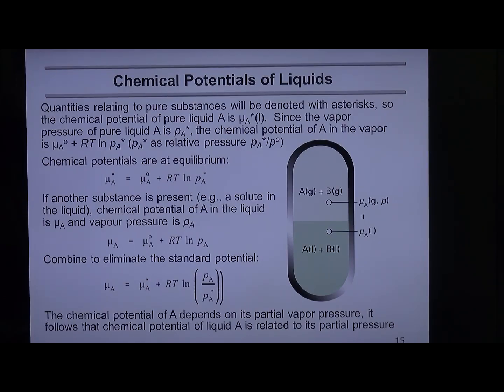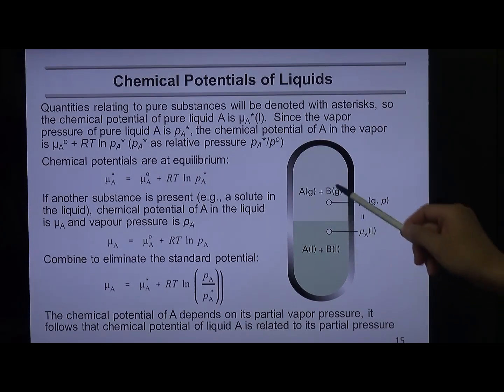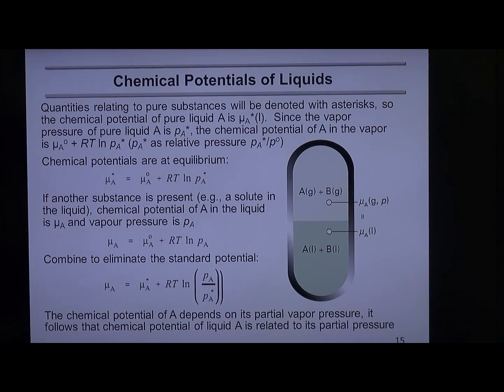To deal with that, we only need to use one statement that we have learned in chapter 4. If liquid and gas are at equilibrium, their chemical potentials should be the same, right? As a liquid and also as a vapor, right? Using that simple statement, we can describe the chemical potentials of liquid. Okay?